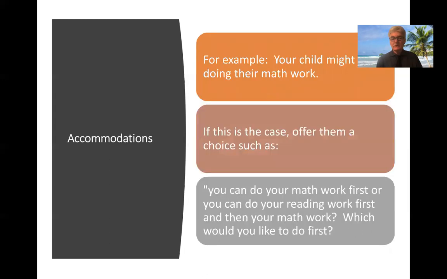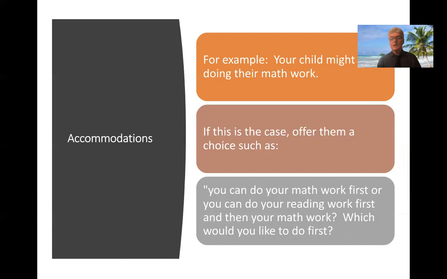So if they're doing math work, for instance, and they start to become frustrated or bored with it, you notice they're slowing down, daydreaming, just not getting anything done, you can discuss with them what the problem is. If they explain, this is really boring to me, I'm getting tired of it, you can offer them a choice of what they want to do at that particular time.